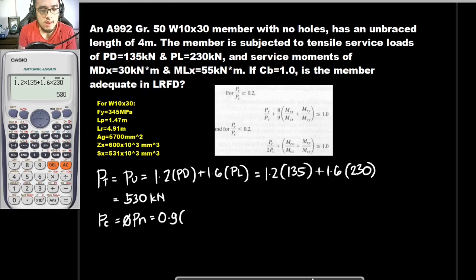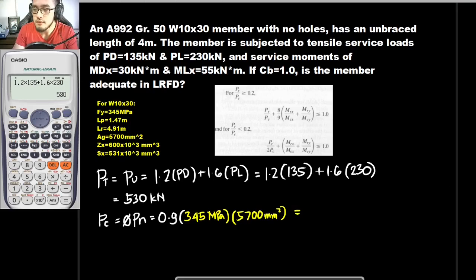Our Fy is already given, 345 MPa, and our AG is 5,700 millimeter squared.